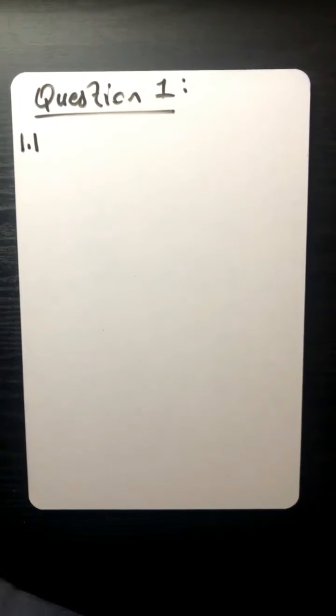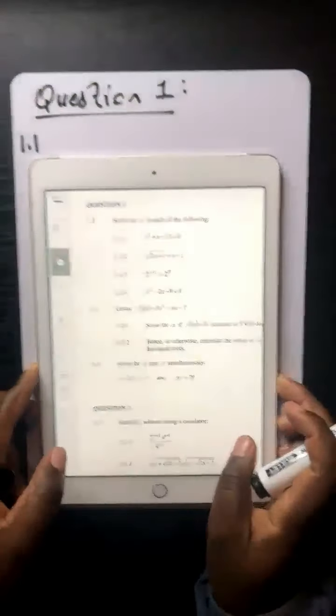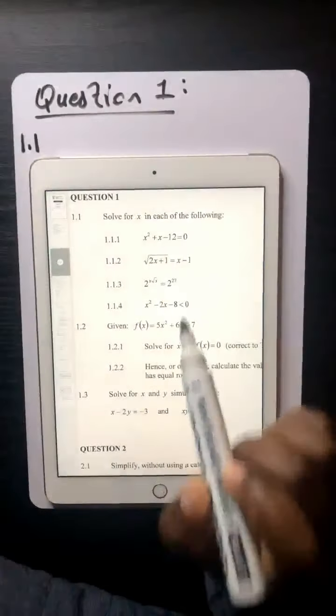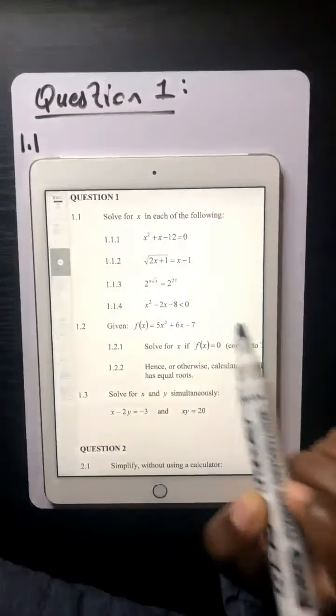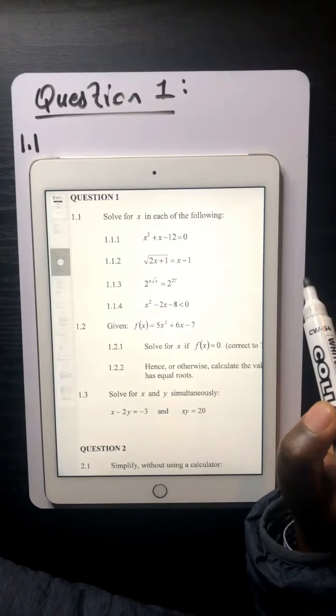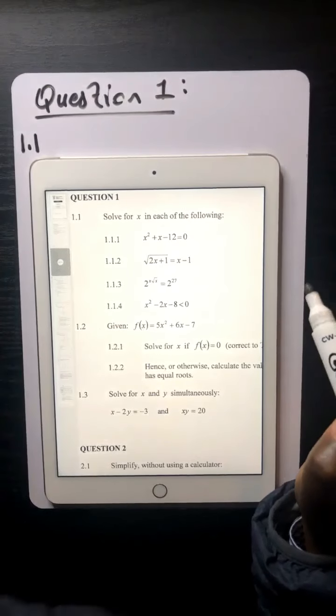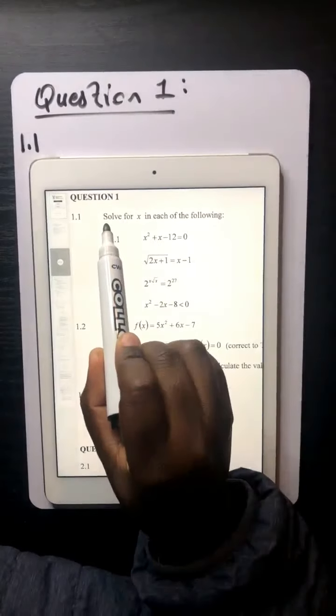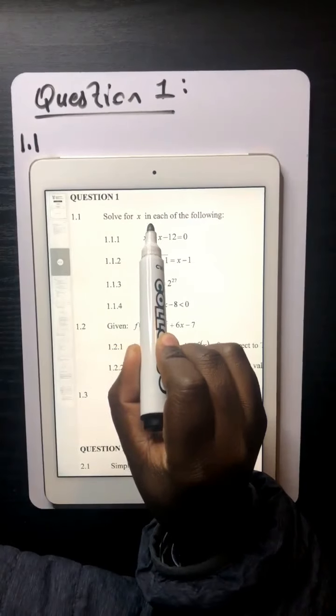Let me just quickly bring this again so that I explain something very important. In each and every given statement, question, or instruction, there's a cream of the question, the sentence, or the statement. In this case, the instruction says solve for x in each of the following.